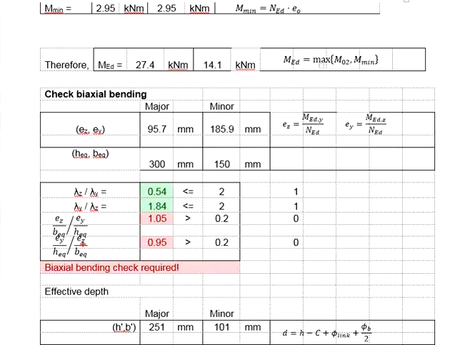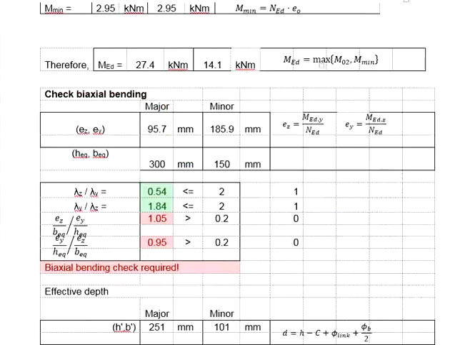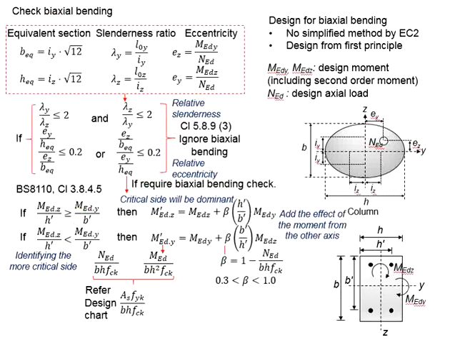And then EY divided by H equivalent, the whole thing divided by EZ divided by B equivalent. You get 0.95. The requirements are both have to be less than 0.2, which in this case they are more than 0.2. This brings to you fulfillment of these two, but non-fulfillment of these two.